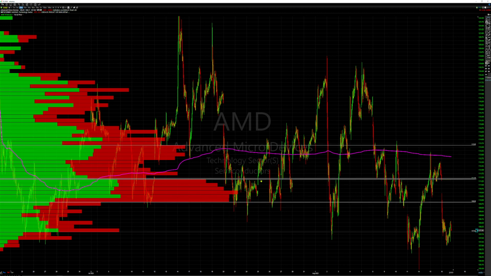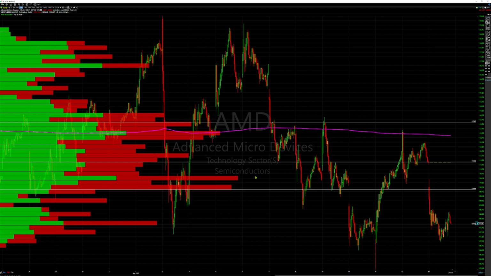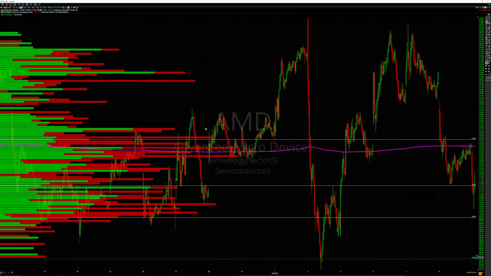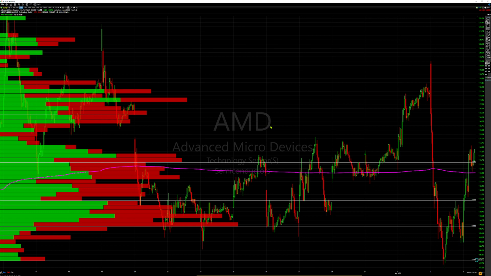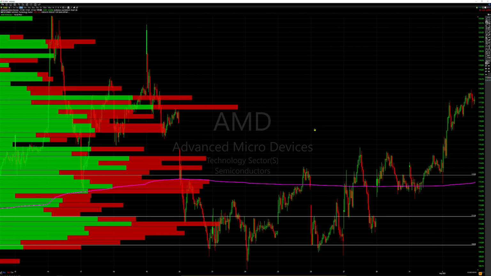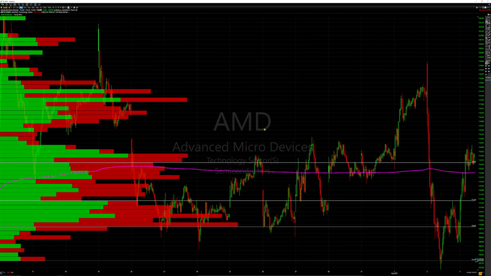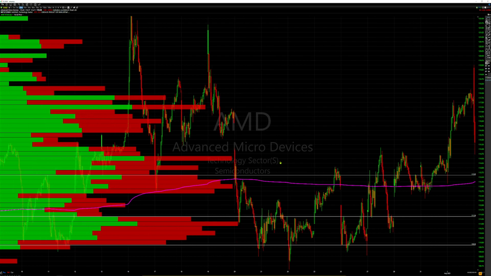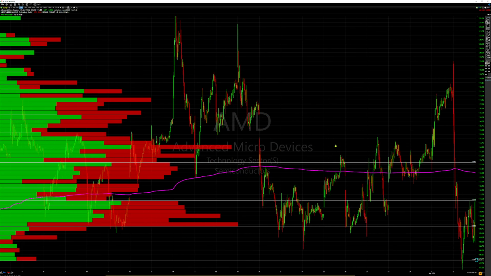There's another piece here. And actually, the other thing I want to do is I'm going to zoom into this section here. What I'm doing is seeing the flow, like these VP lines are moving, and that's telling me where the volume is.